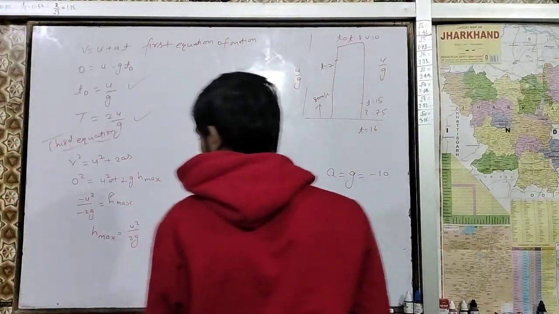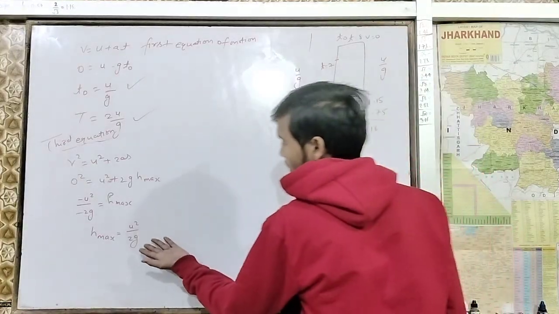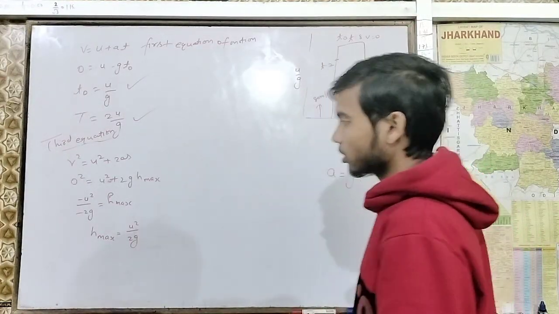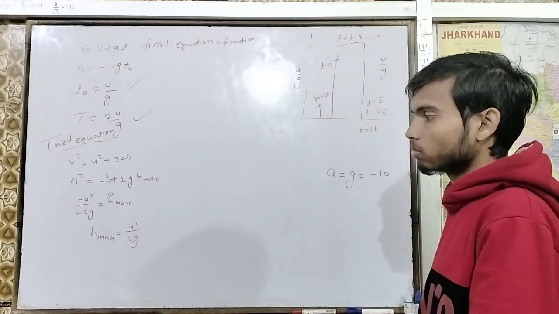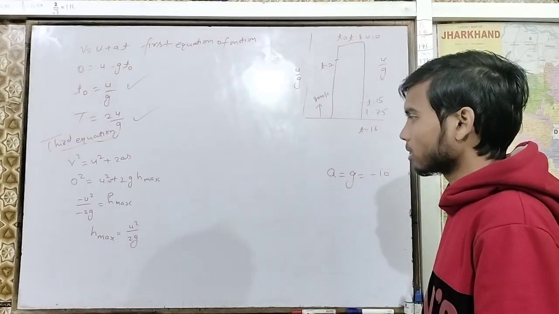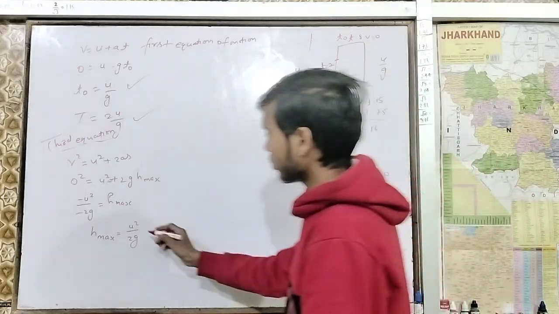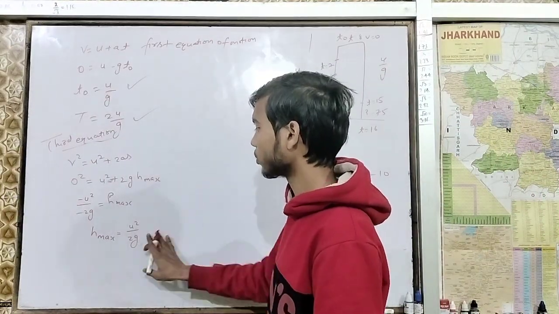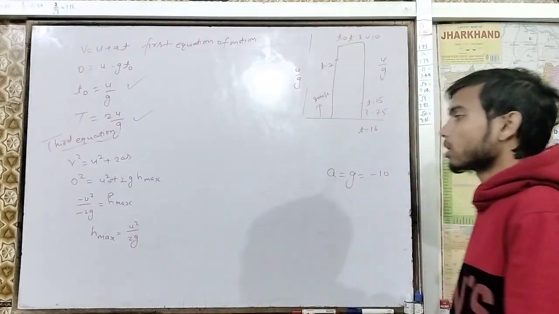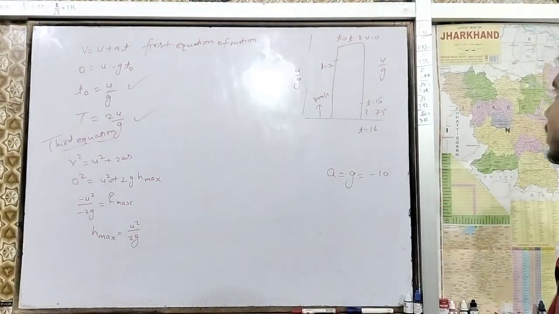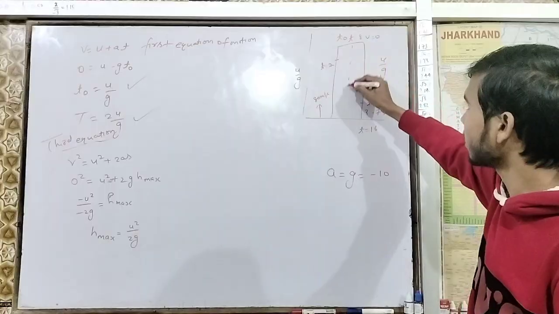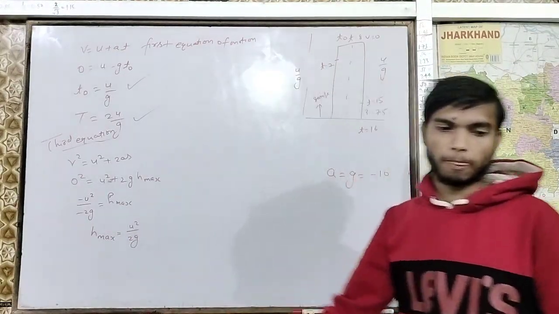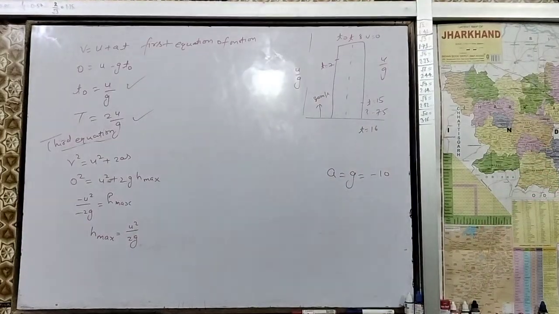To calculate h maximum, you can directly use this formula rather than using the second equation. You will have to substitute the value of g and the value of initial velocity. So to calculate h maximum, you can use u square upon 2g. Clear?